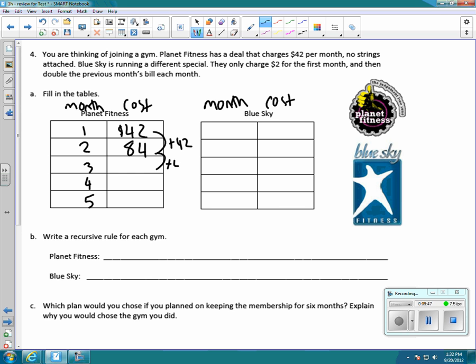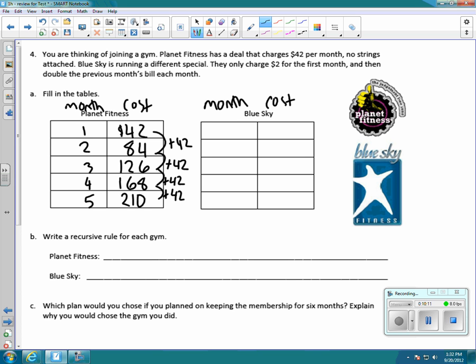And if we add another 42, then it's going to be $126. And if we add another 42, then it will be $168. And if I add a 42, then it will be $210 that we will have spent for Planet Fitness over the course of 4 months.